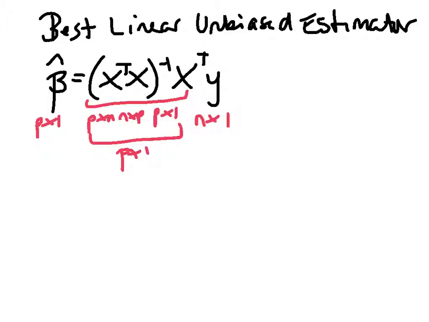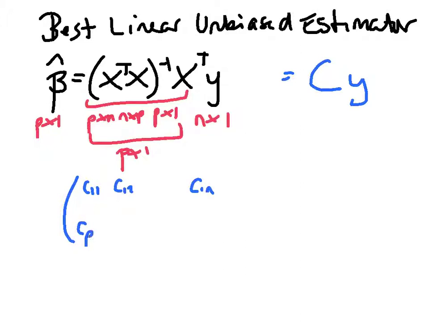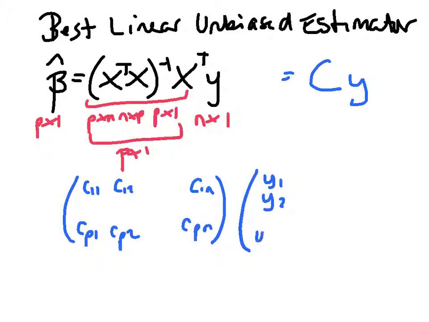So if we called that matrix C, just for some kind of notation, we have entries in C, C11, C12, all the way to C1n, and we have Cp1, Cp2, Cpn, and we have these observations y1 through to yn.